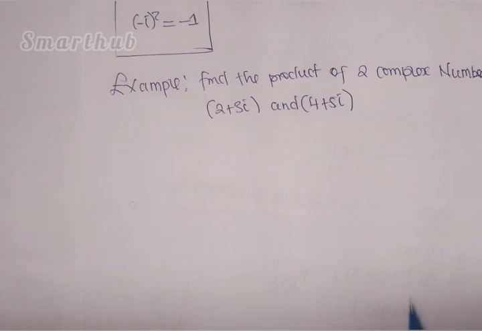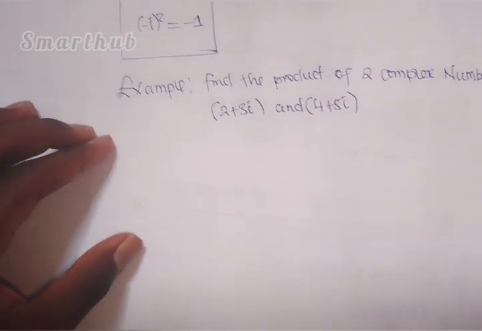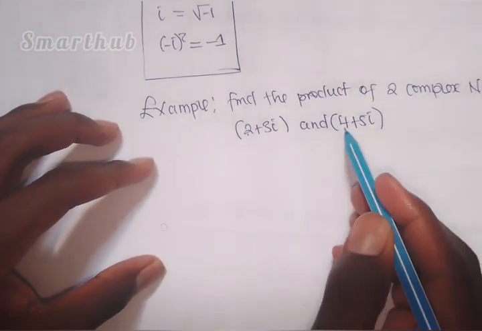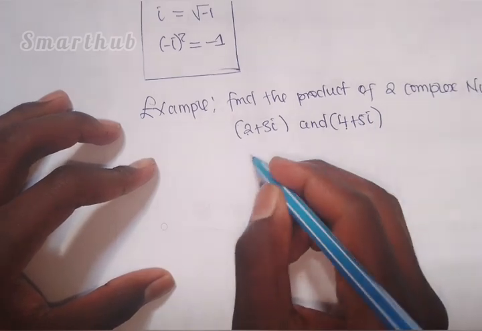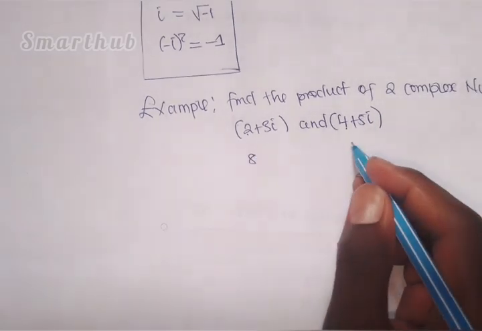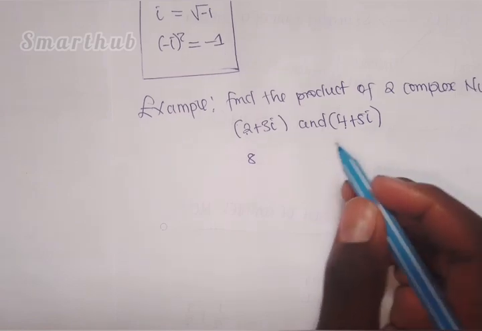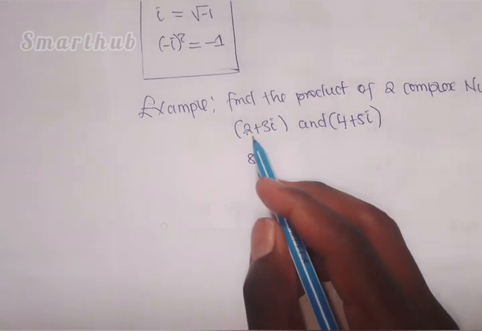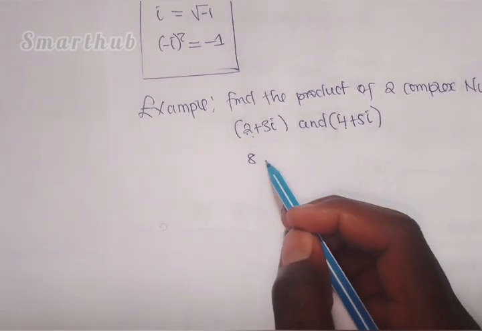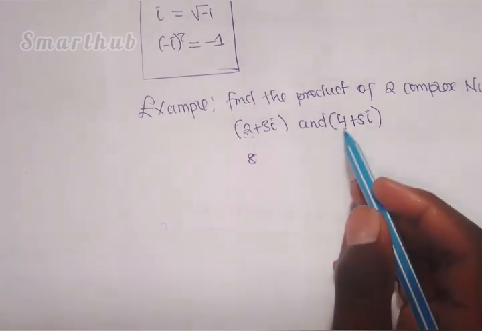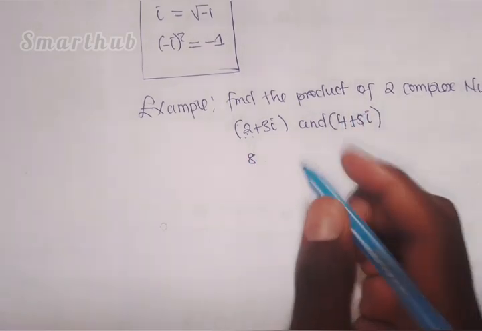So even here you still do the same thing. You say 4 times 4 is 8, then 2 times 4 is 8, then 2 times 5 is 10i.